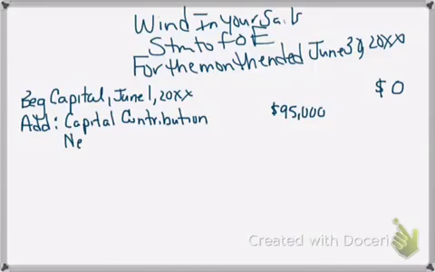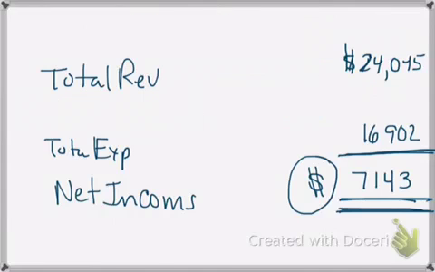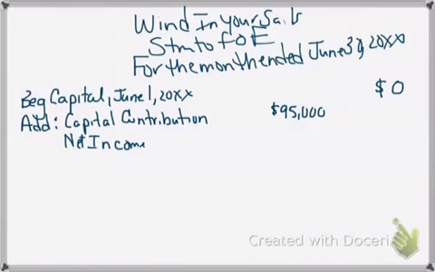I then am going to add to that the net income. Now, this net income is coming directly from the income statement. So that 7143 number that we have right here is going to move over, and that is what you're going to see right here, the 7143.